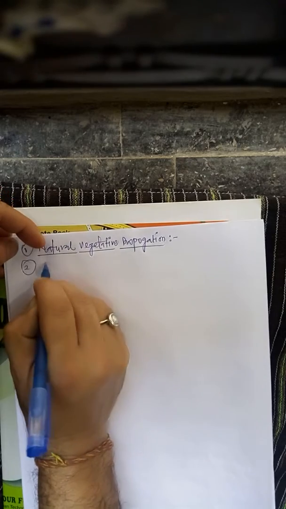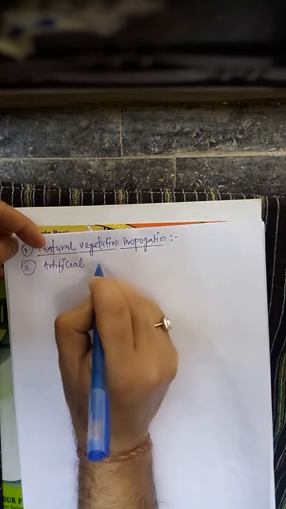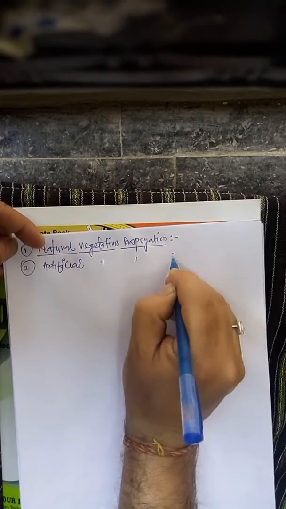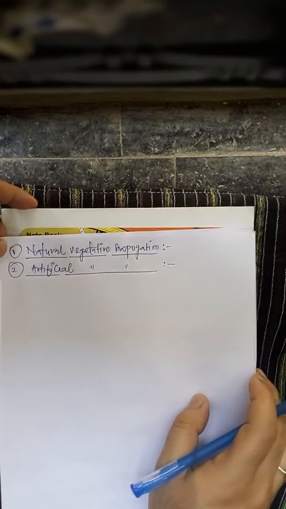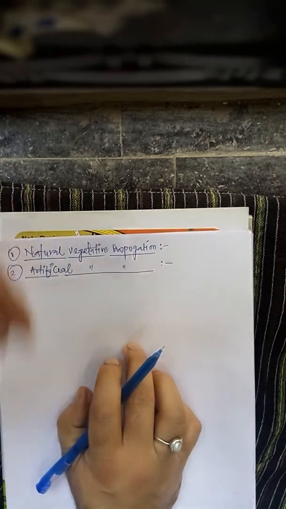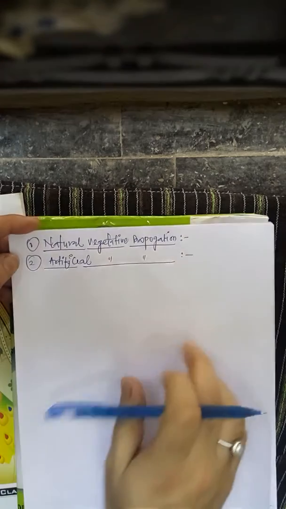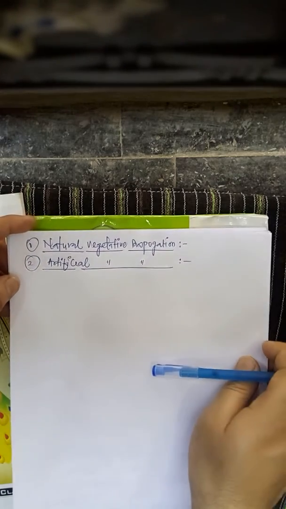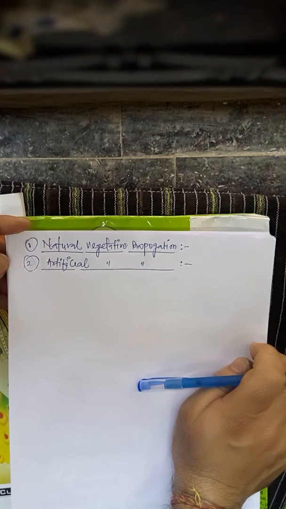Second, artificial vegetative propagation. In this method the human beings are involved and they produce a new plant by the utilization of different parts of the plant.